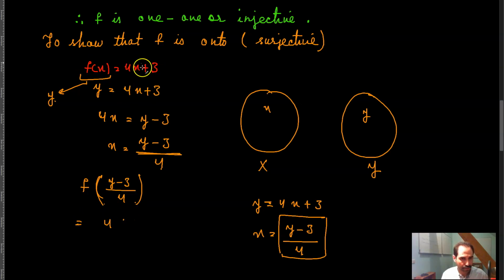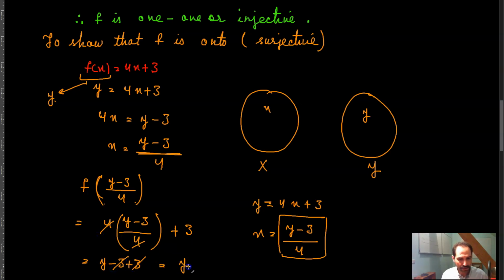So I substitute the x with this input. This becomes 4 times (y minus 3) divided by 4, and add 3 to that, right? So these two will cancel out, so you have y minus 3 plus 3. These two will cancel out, and you will get y. Meaning that every y that I find in the range of this function, I can get to if I input (y minus 3) divided by 4.